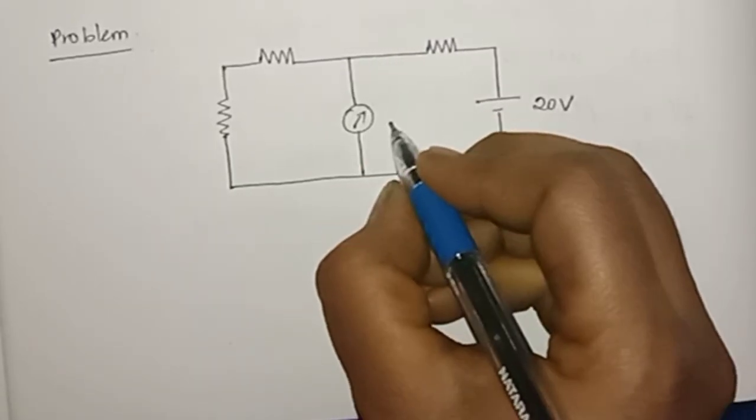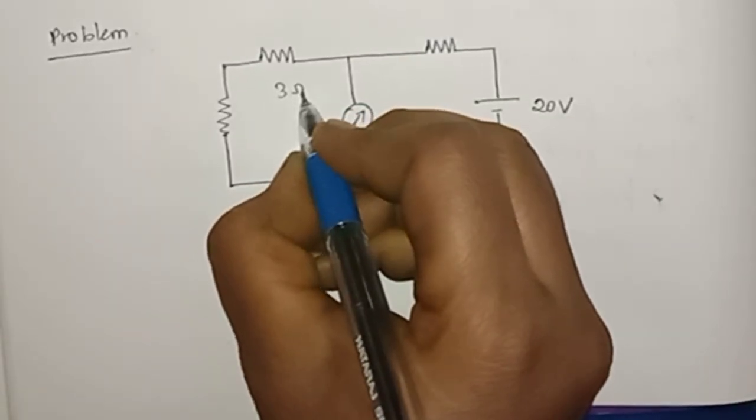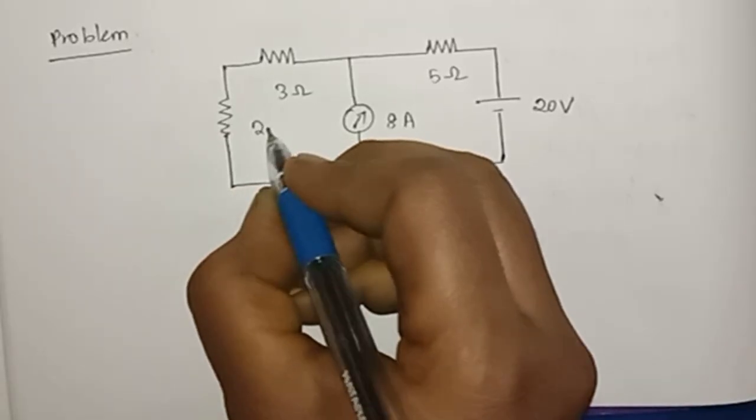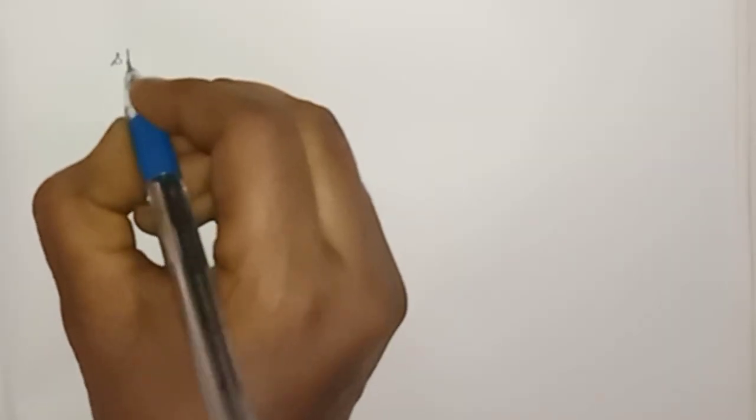It is a multiple independent source circuit. The resistors are 3 ohm, 5 ohm and 2 ohm. Okay, this is the given circuit.